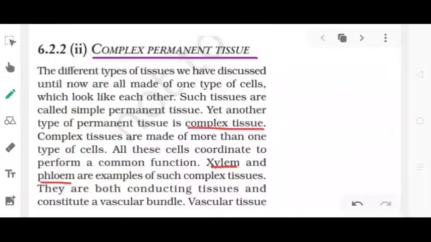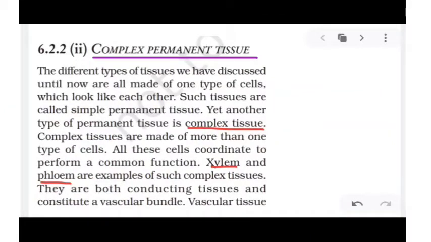Okay student, earlier we have seen the simple permanent tissue. Now come to the complex permanent tissue. The different types of tissues we have discussed until now are all made up of one type of cells which look like each other. जैसे देखे थे हमने parenchymatous tissues, collenchymatous tissues, chlorenchymatous tissues, and aerenchymatous tissues.